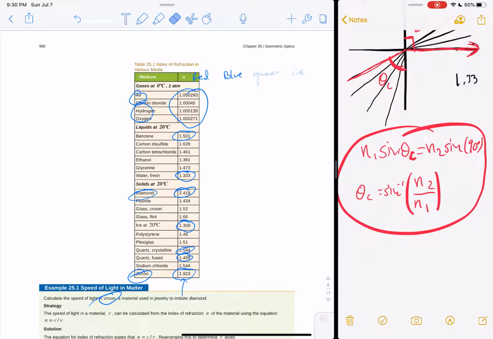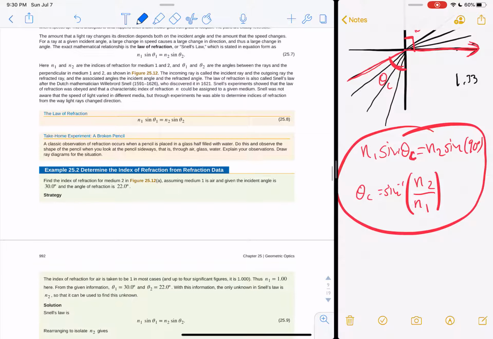The index of refraction changes for all the different colors. If n is changing, then so are your refracted angles. Your incident angle will stay the same because it's the angle you're injecting light at, but since n2 and n1 are slightly different for the different colors, your refracted angle is going to be slightly different.